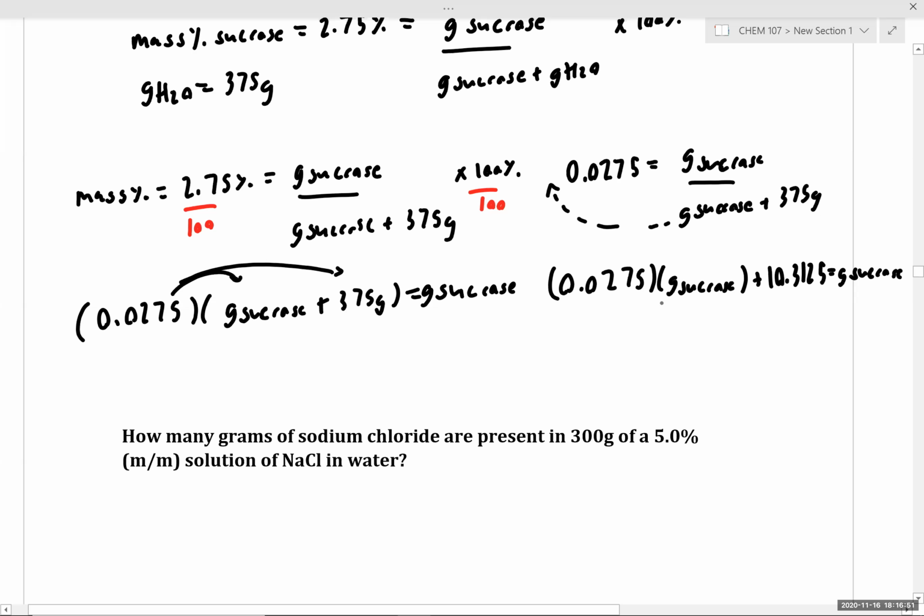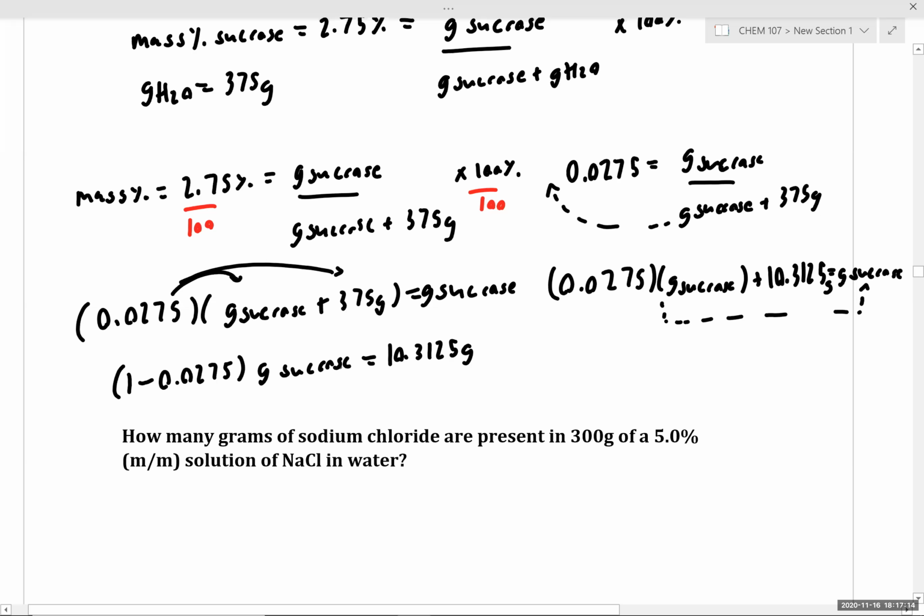Next, we're going to subtract and move this sucrose term. So in this case, we have 1 minus 0.0275 times the grams of sucrose is equal to 10.3125 grams.